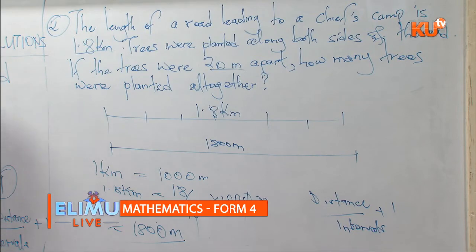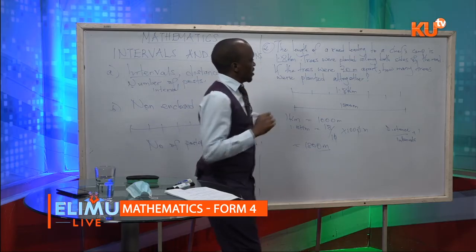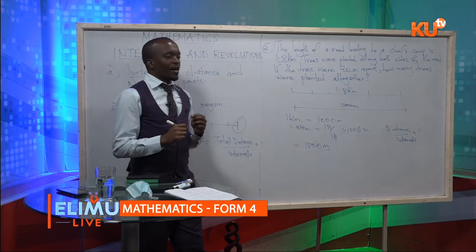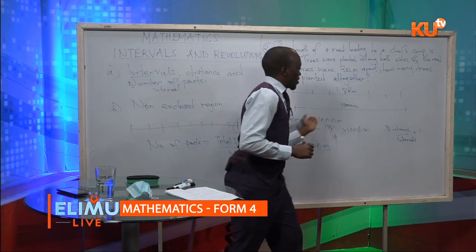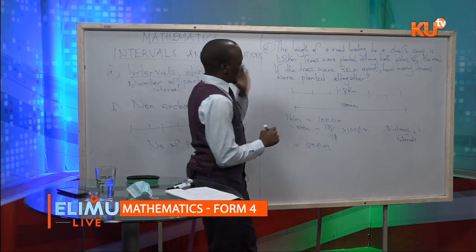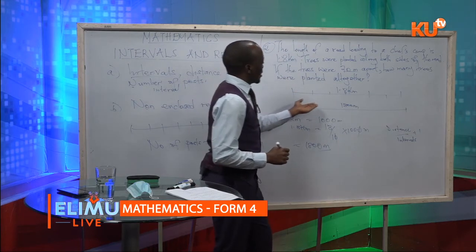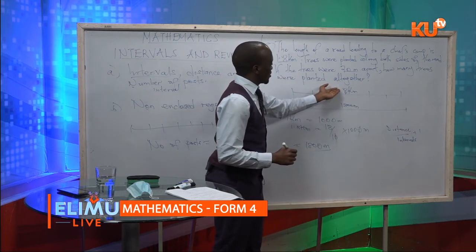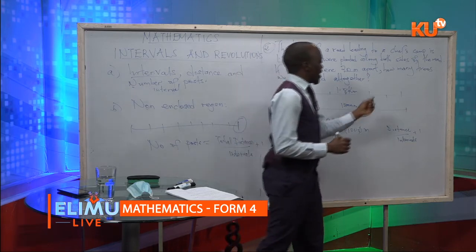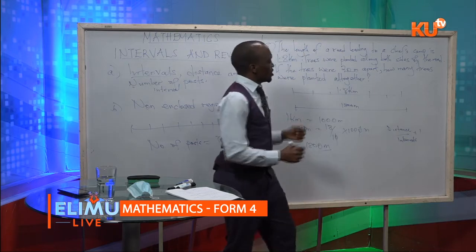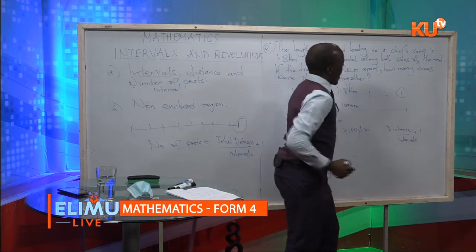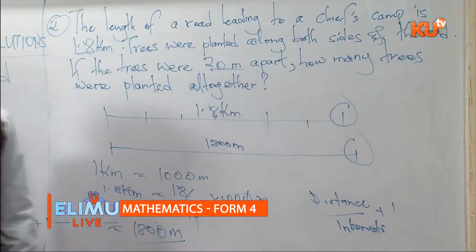And I always tell children to avoid wasting time in maths because I talked of speed and accuracy. We know that these lengths are 2, one side and the other side. So you simply get the total distance, that is 1,800 plus 1,800, but instead of adding 1, we shall add 2. Why are we adding 2? Because there will be one tree here, another post here. That is why we add 2.